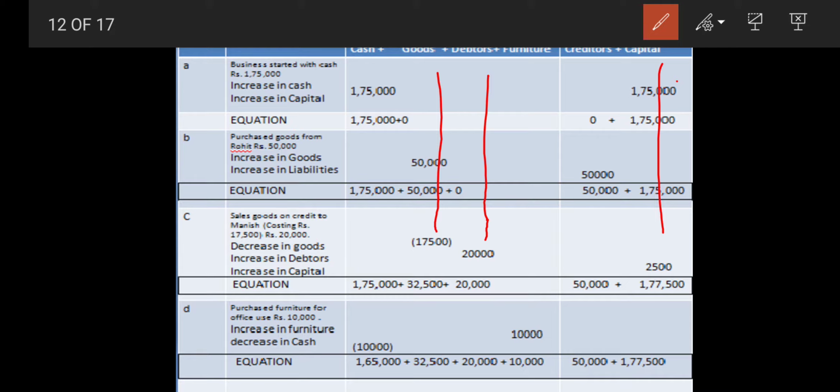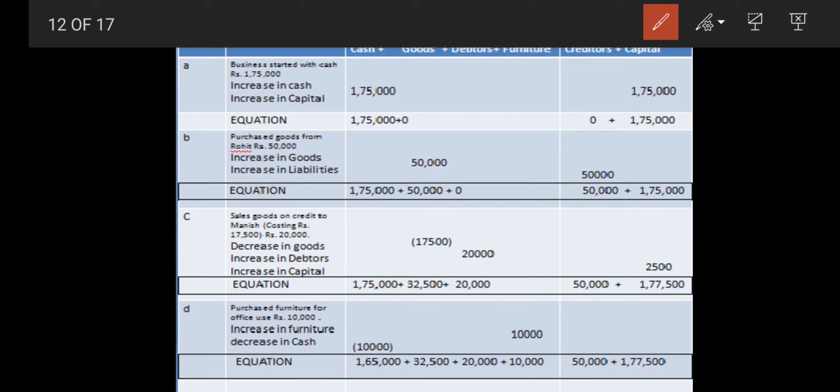So this way we are increasing our profit. Now the equation is set: 1,75,000 plus 32,500 plus 20,000 minus from this, and 1,75,000 plus 2,500 gives you 1,77,500. So this way this part is also completed.